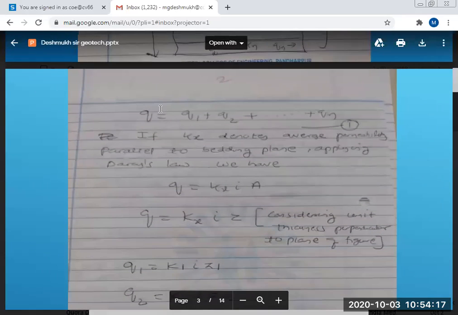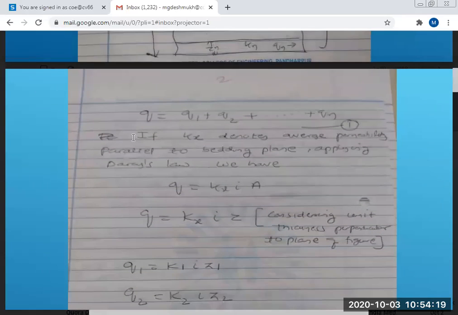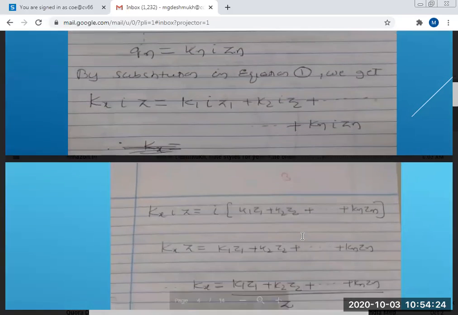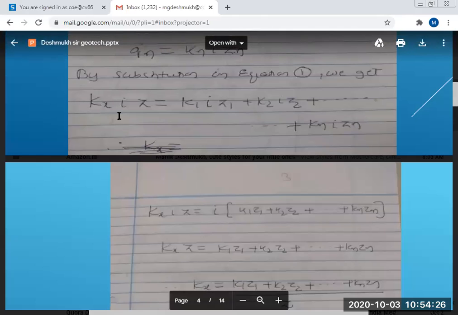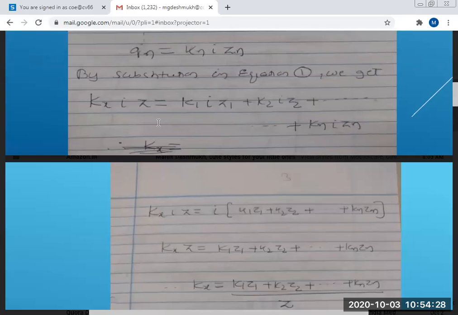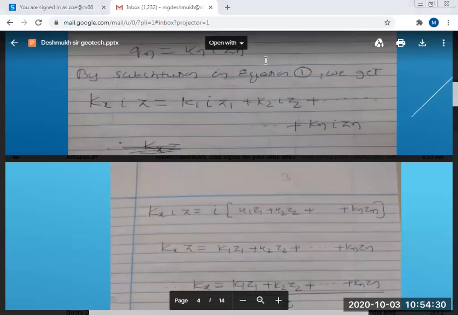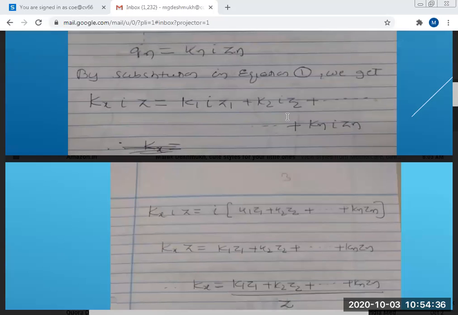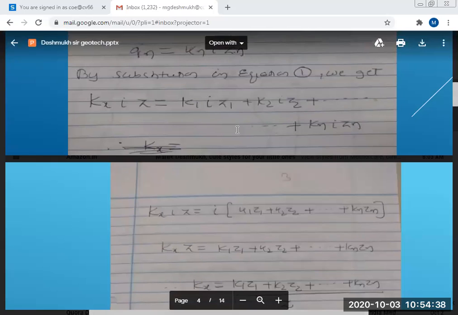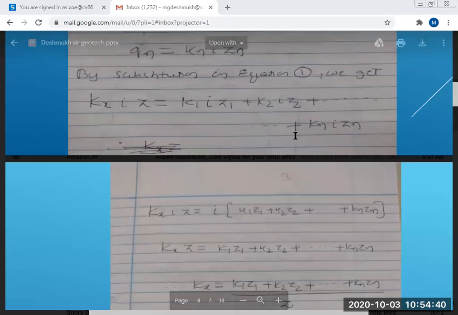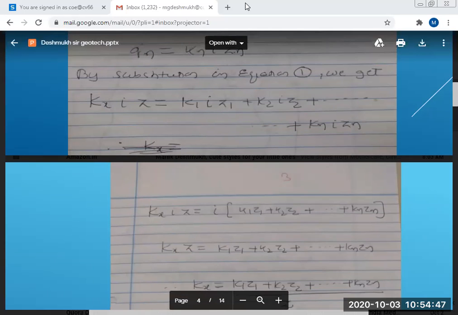Whatever the value of Q is, KXIZ, you substitute on the LHS. You will get KXIZ is equal to K1IZ1 plus K2IZ2, continuing like this, plus KNIZN.